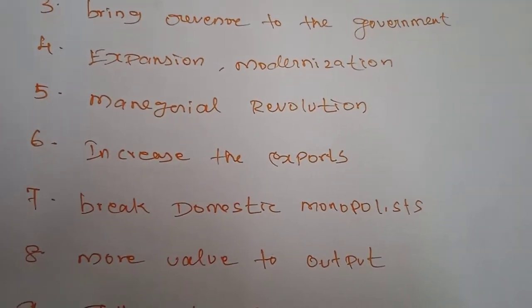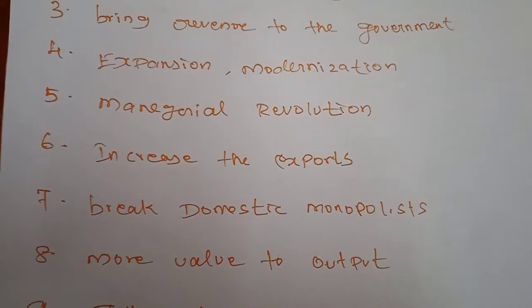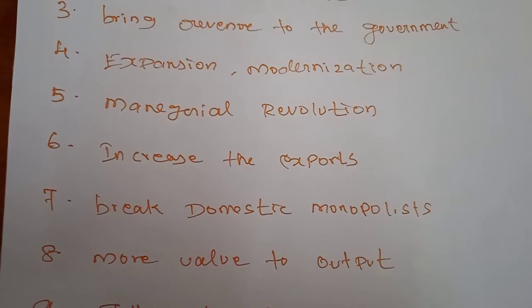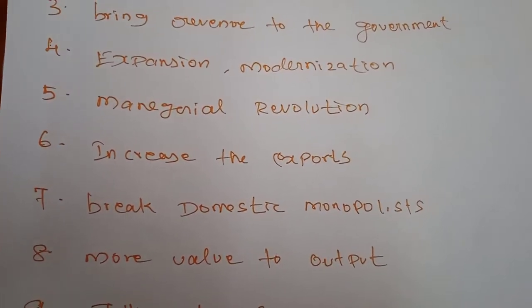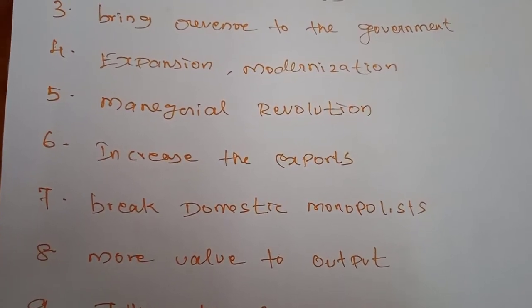Next, increasing the exports. How can we increase exports through foreign direct investment? Foreign capital may enable the country to increase its exports and reduce import requirements, and thereby ease the balance of payments disequilibrium.